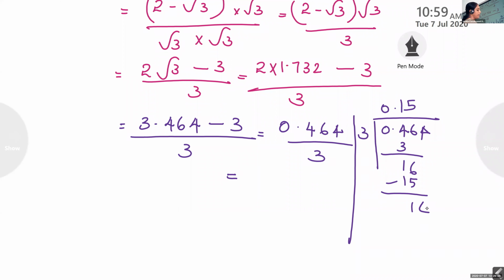Subtract, 1. 14. 4, 12. 2. I hope you got the same answer. You got the same answer, right? It is 0.154.